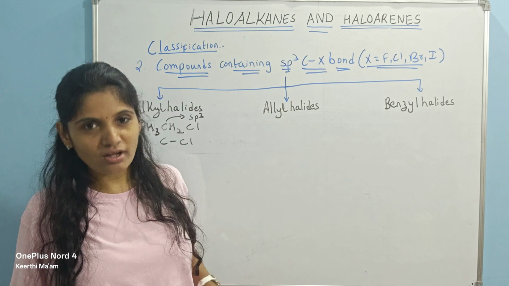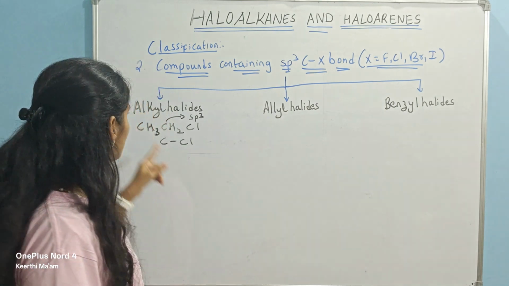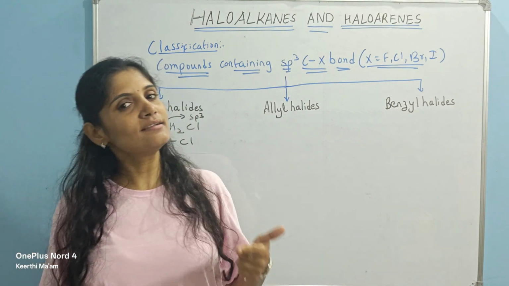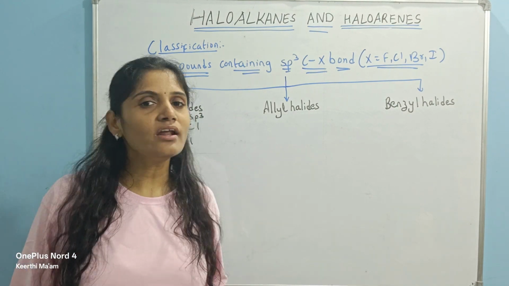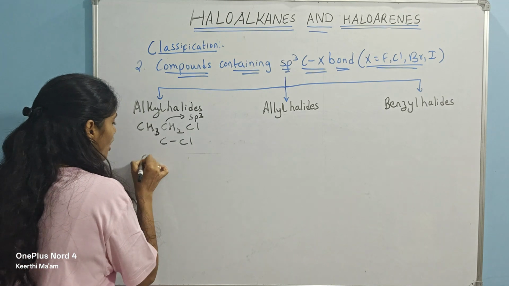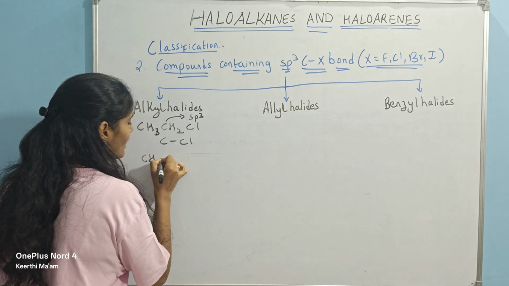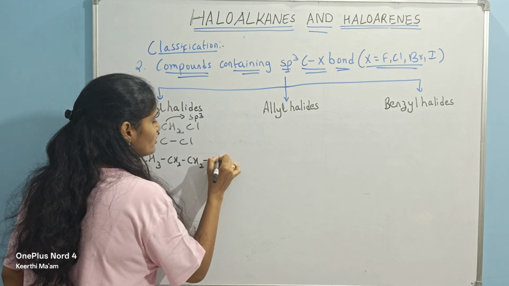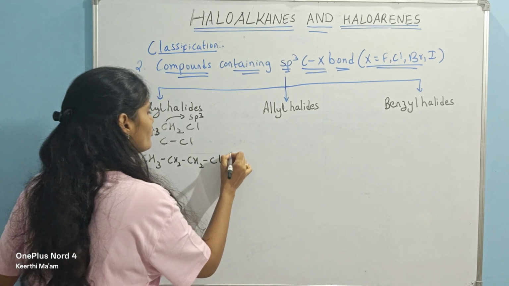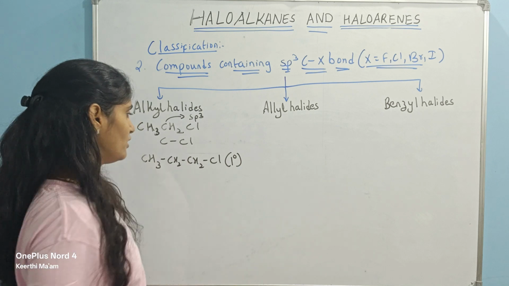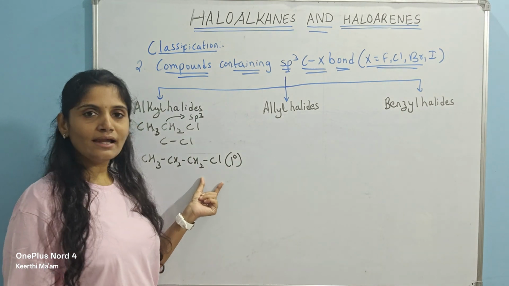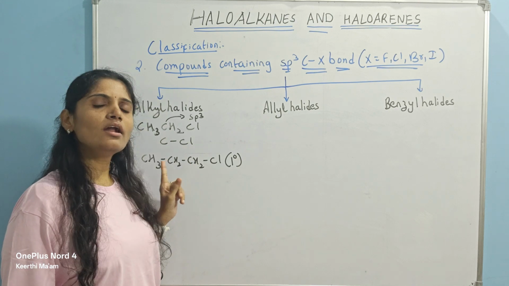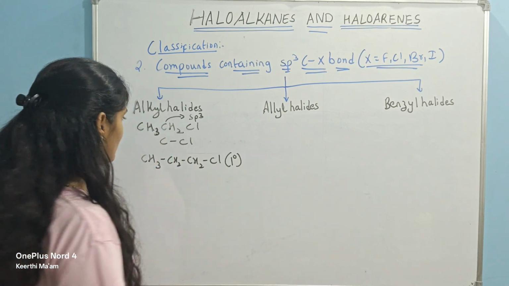sp3 hybridization. Now I can classify alkyl halides further into three types: primary, secondary and tertiary alkyl halides. How will I write my primary alkyl halide? CH3CH2CH2Cl. This is my primary alkyl halide. How can I say it is primary? The halogen is attached to that carbon which is in turn attached only to a single carbon.